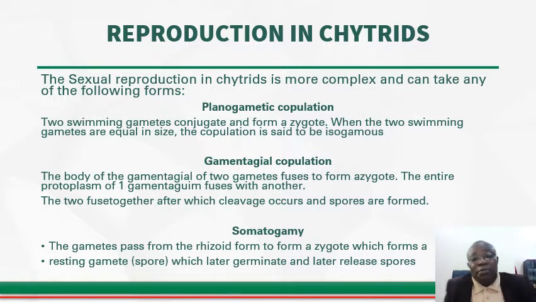Then we have somatogamy, where the gamete passes from the rhizoid to the zygote, which forms a resting spore, which later germinates and releases spores at maturity.